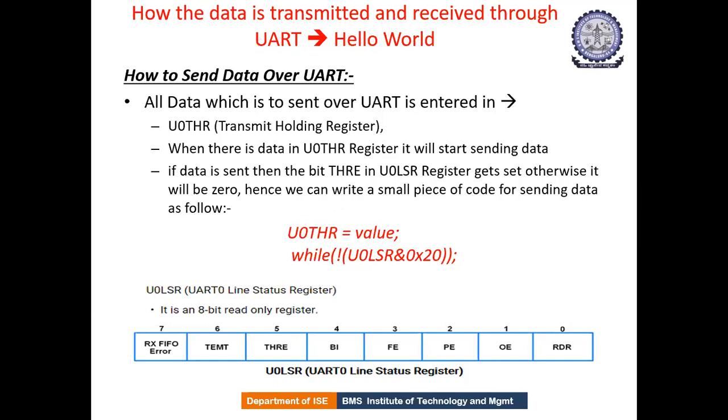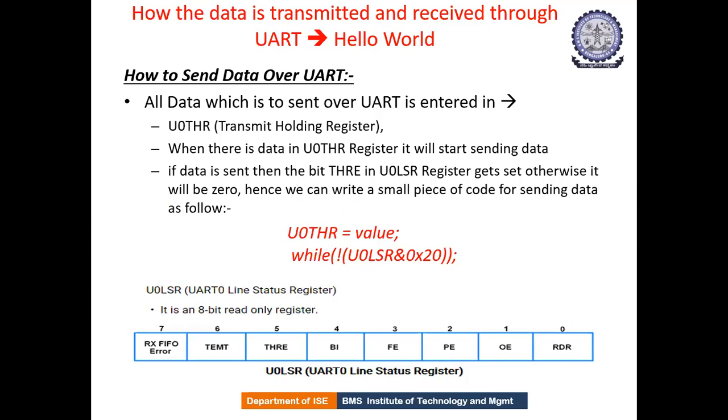We are supposed to check whether that particular data has been completely transmitted or not, because we have to wait till the data is completely transmitted. Once the data is completely transmitted, the THRE bit of LSR is set. LSR stands for line status register.